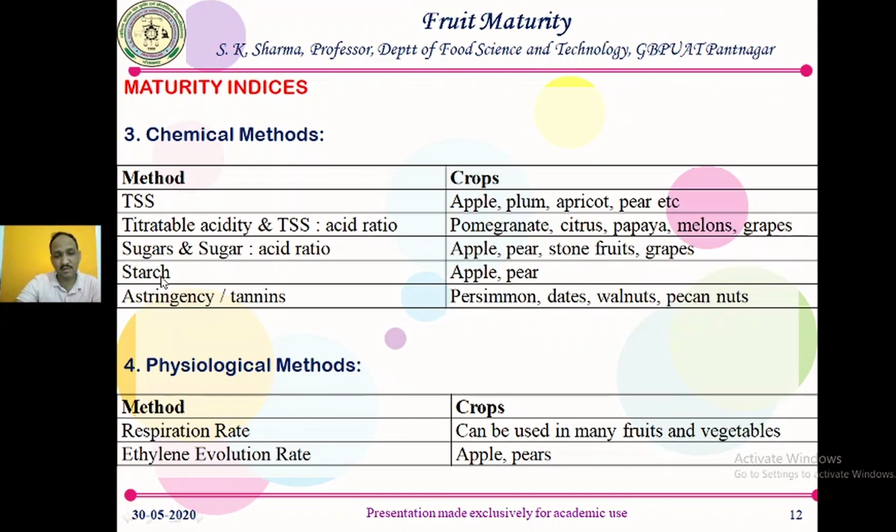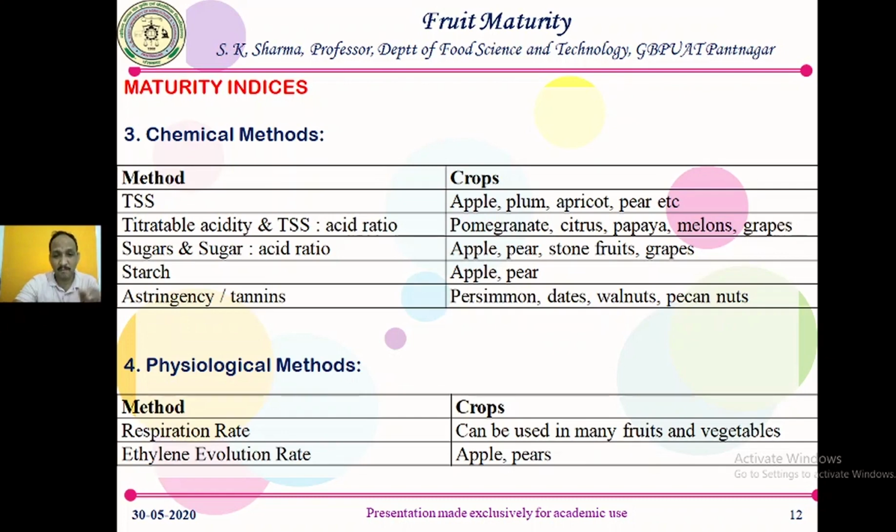Now, in some of the fruits, starch is a very good indicator. In apple, it is commercially used. We use the starch iodine test. If it is ripe, it means that the starch has been converted into sugars, so it will not give color with iodine.